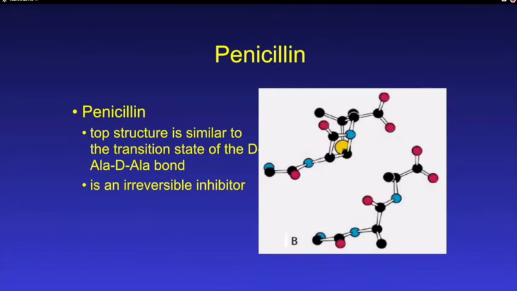Now, why in the world would penicillin bind to that enzyme? Well, if you take a look at the structure of penicillin up here and the structure of the two D-alanines, if you take a look at this carbon and that carbon, this one and that one, this right here and that right there, that oxygen and that oxygen, and we circle all of this part of the penicillin and the normal reagent, two D-alanines is the normal reagent, and penicillin.